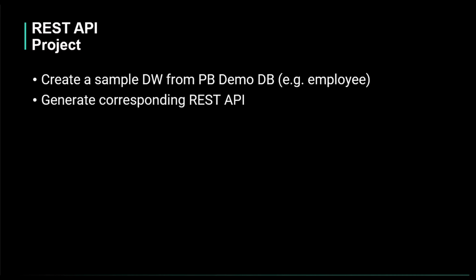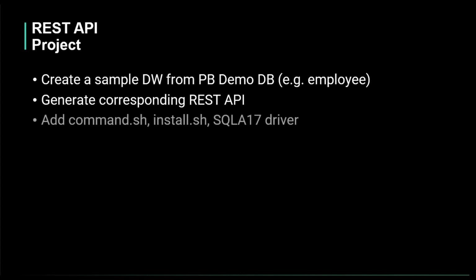From the DataWindow, you generate the C# data model with a right-click and then scaffold the service and controller, which is enough to run the employee REST API right away. But at this point, you want to deploy the API as a Docker container instead of running it in the default .NET Core Web Container from SnapDevelop. Therefore, we must add the command shell, install shell, and SQL driver tarball to our REST API project.